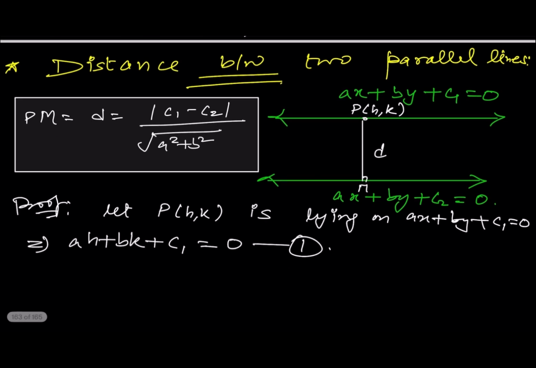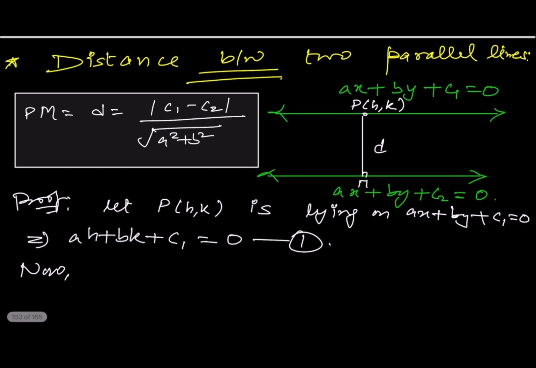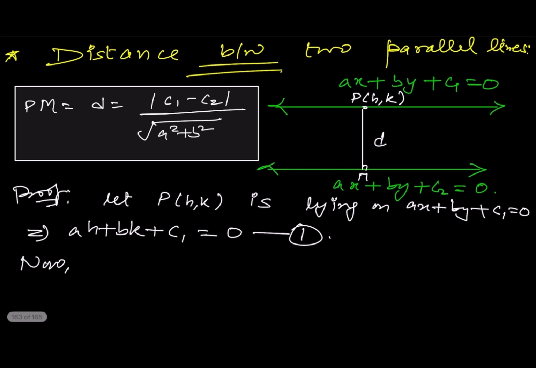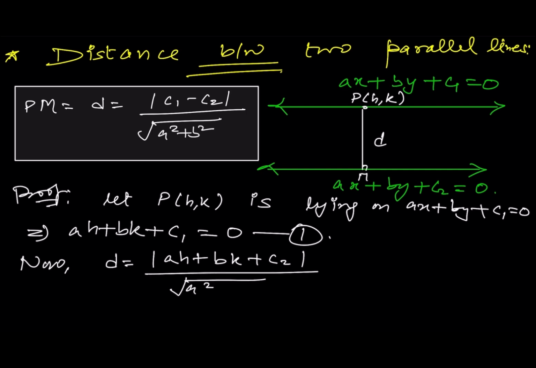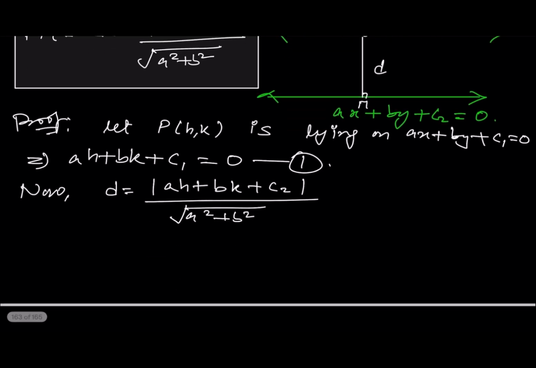Now by using the concept we have learned, distance of a point from a line, D will become mod of Ah plus Bk plus C2 upon root over A square plus B square.